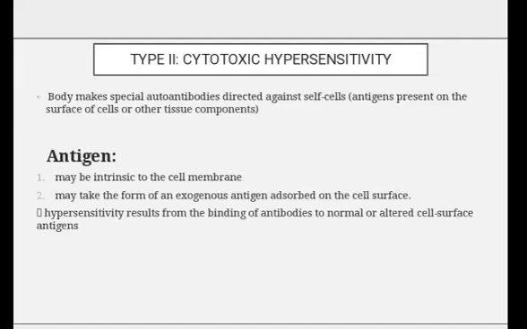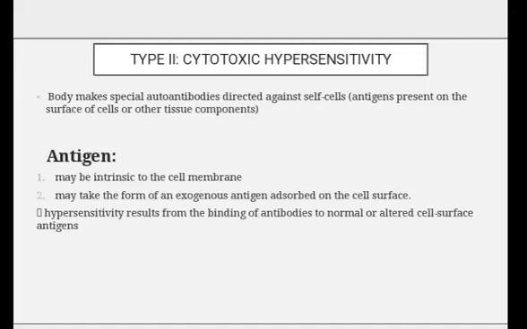IgG and IgM bind to the antigen on the cell in the body. Mistakenly it is detected as foreign and can cause activation of the complement system. Along with complement activation, there is again activation of immune cells, for example in hemolytic disease of the newborn and transfusion reactions.